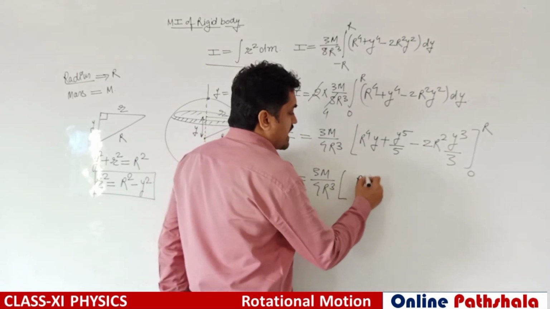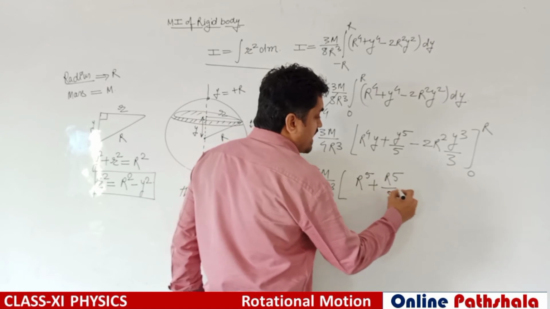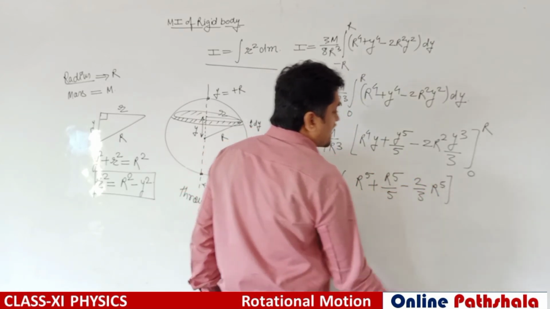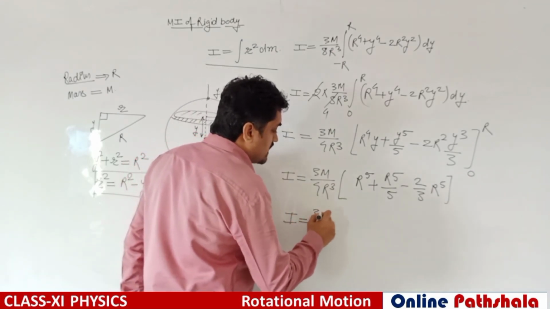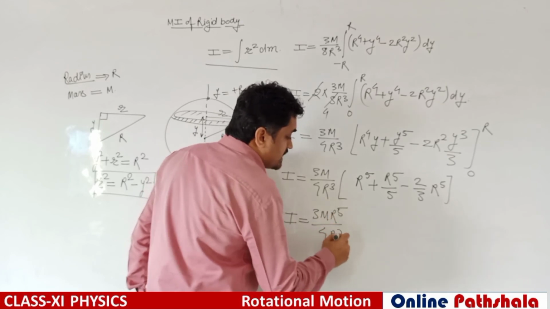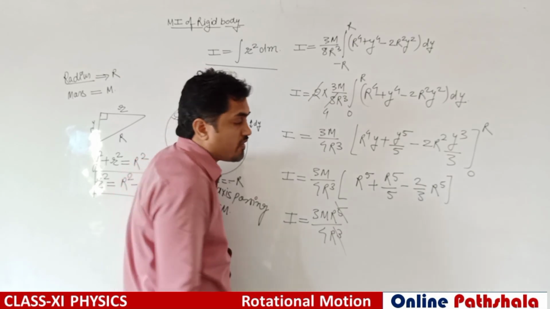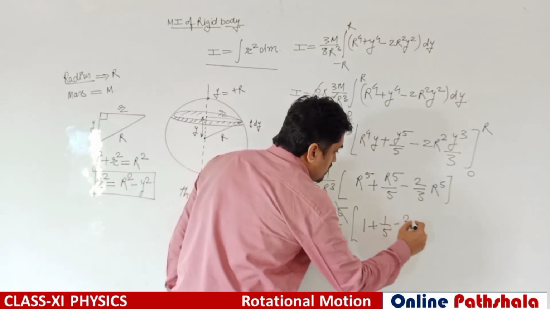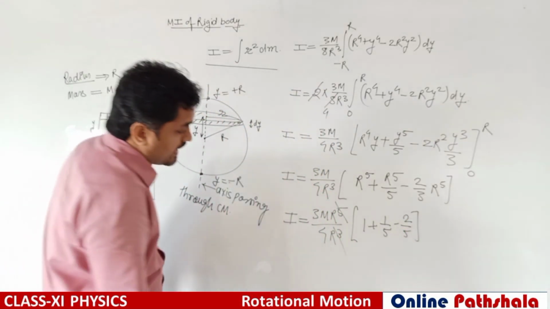So, it will become R raised to power 5 plus R raised to power 5 by 5 minus 2 by 3 again R raised to power 5, and we can take common R raised to power 5. So, we will get I is equal to 3 M R raised to power 5 divided by 4 R cube. This R cube and R raised to power 5 will cancel out and we will get R raised to power 2. So 1 plus 1 by 5 minus 2 by 3 will be remaining in the bracket.